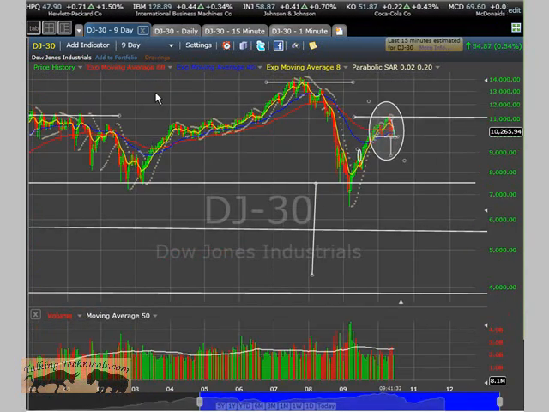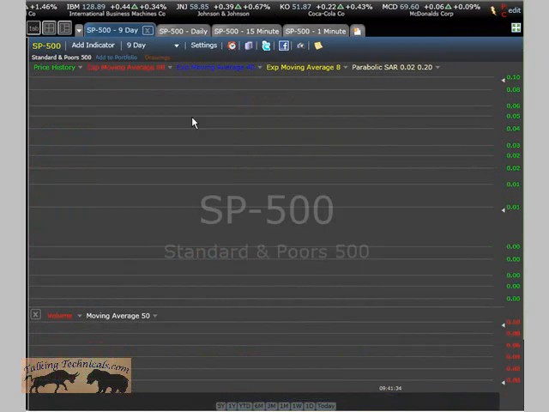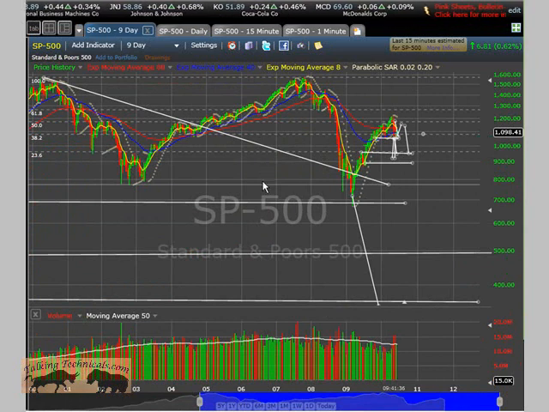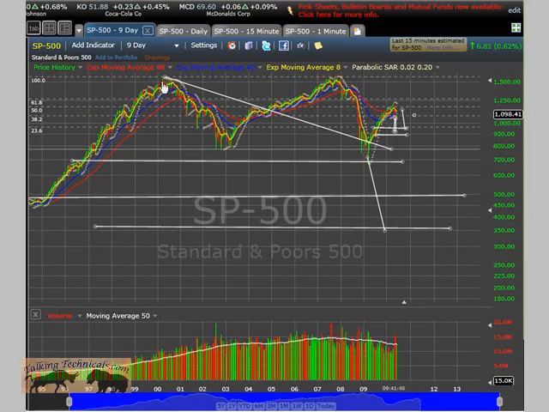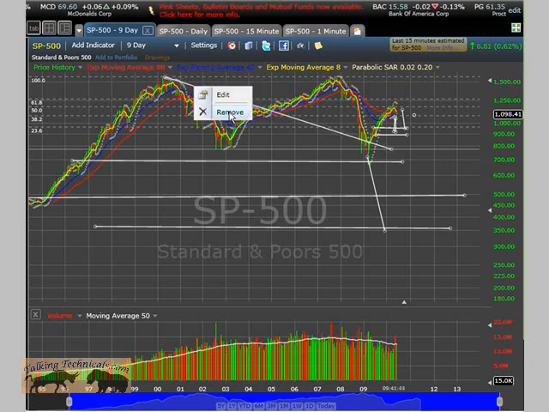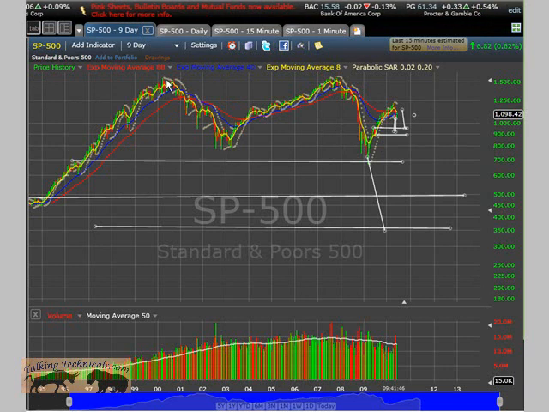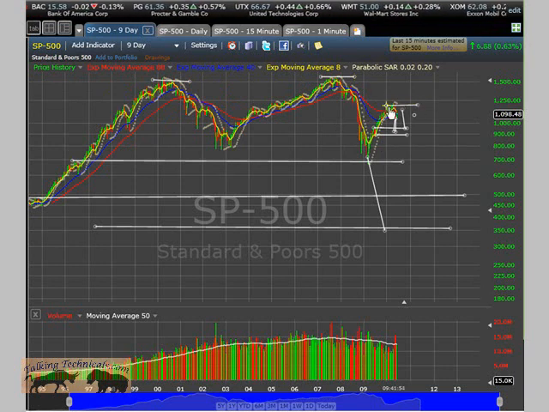Now, longer term on the S&P 500, we've got a different pattern. It's still bearish. We've got a double top, so you see one top, two tops, and this is actually up at the 50% retracement of this range.